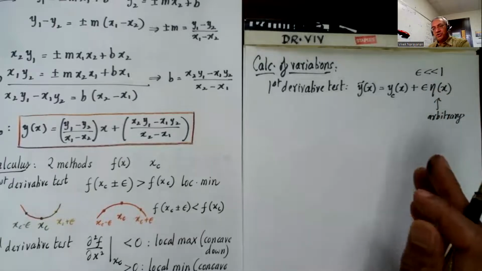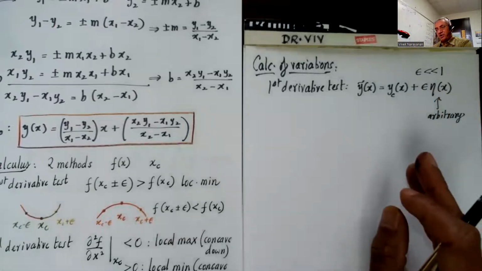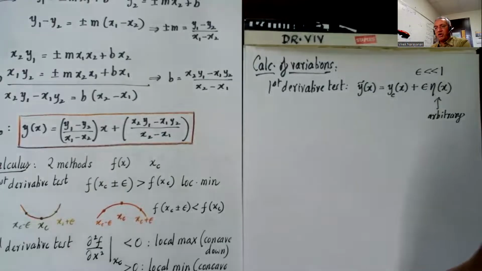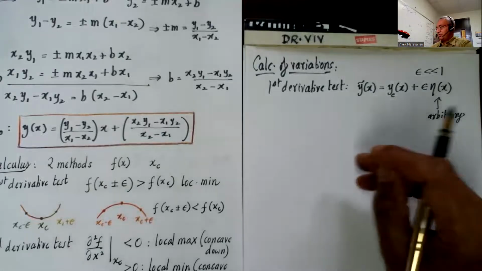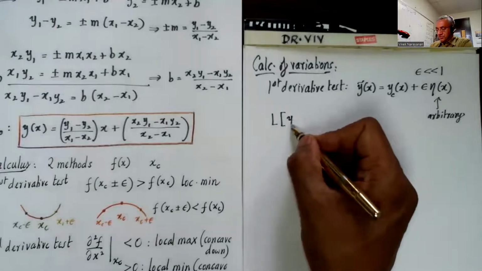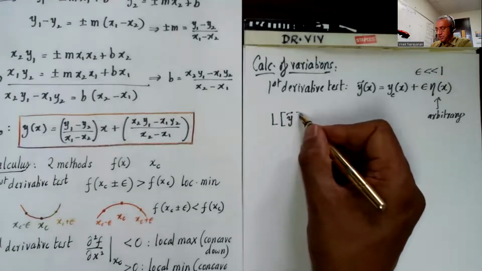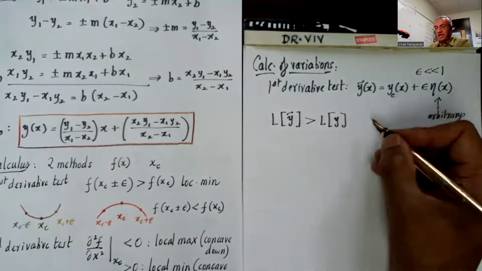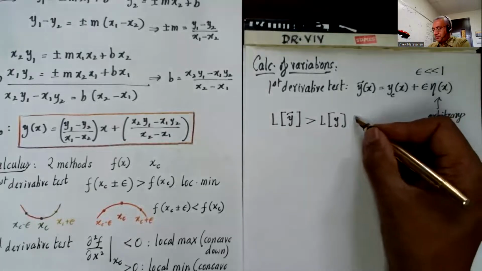What this allows us to do is to truncate our calculations to second, sometimes third order, but usually second order. And then this length functional with y tilde stuck in, if you can show that it is bigger than L of y, we have our local minimum.